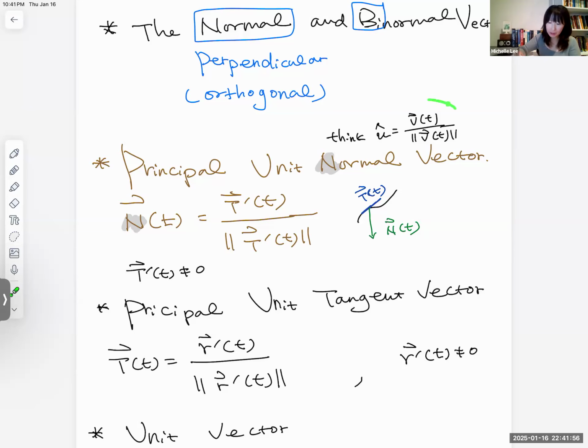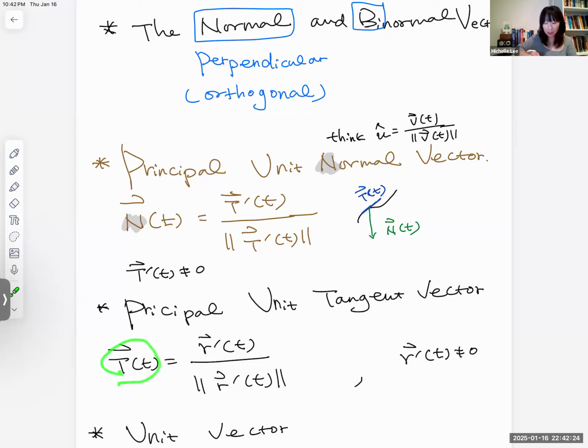We are following the same format. Now, the unit normal vector is T prime of t over the magnitude of T prime of t. Make sense? So the unit tangent vector is r prime of t over the magnitude of r prime of t.